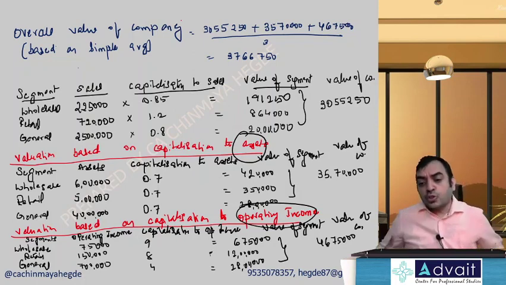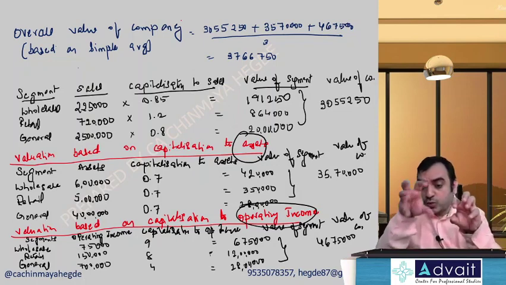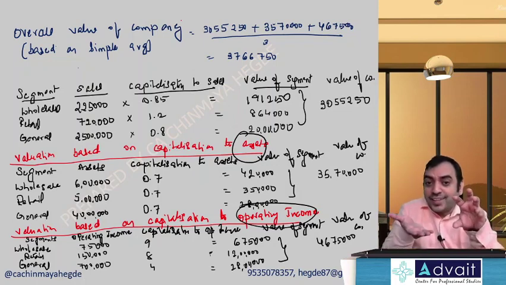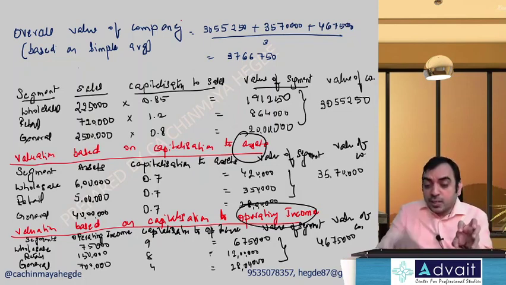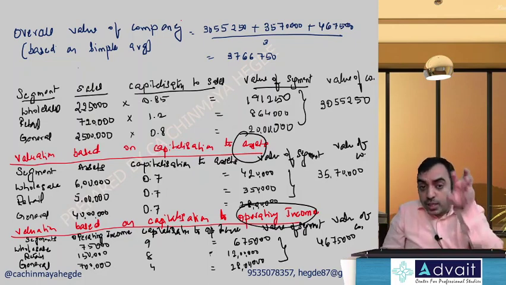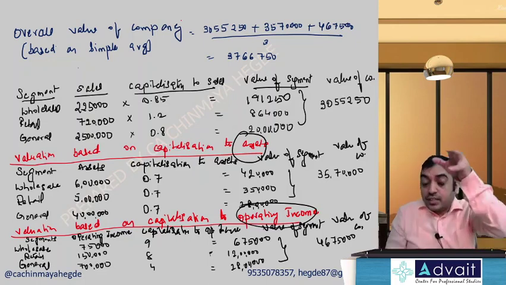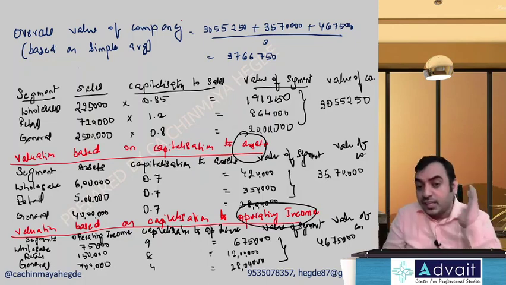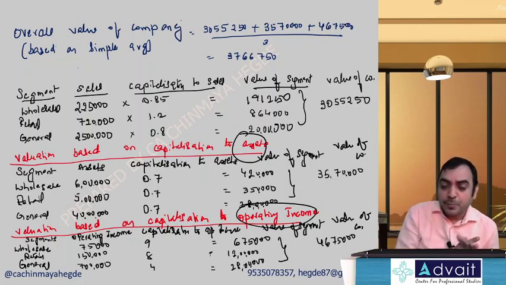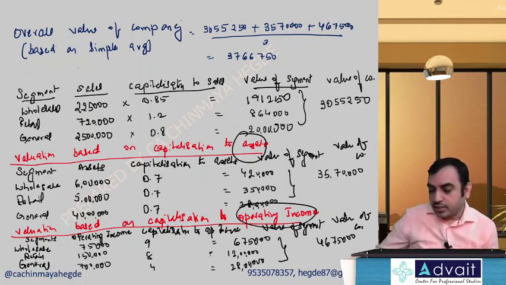This problem can also be worked out one more way: wholesale segment based on three ratios you calculate, then you take the average. Retail segment based on three ratios you calculate, then take the average. General segment, you compute based on three ratios, then take the average, then three numbers you can total up. That also will give you the same number mathematically. You can check it later.